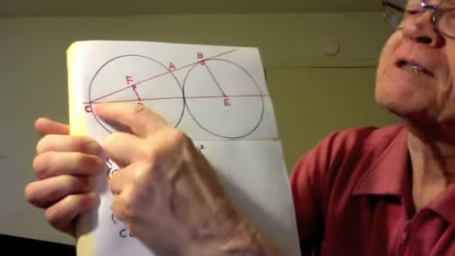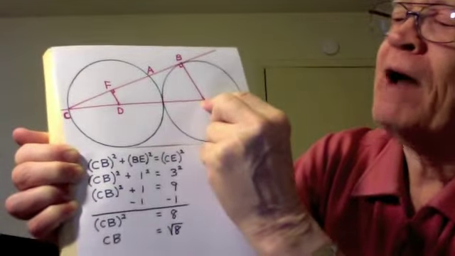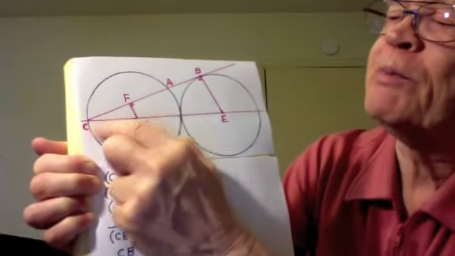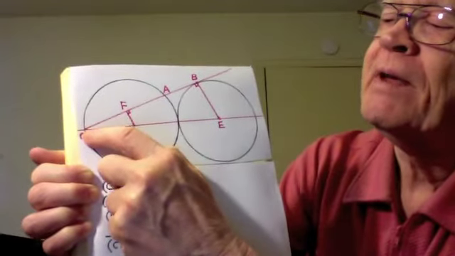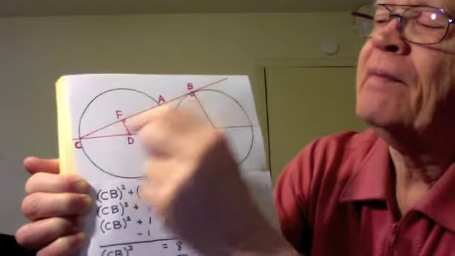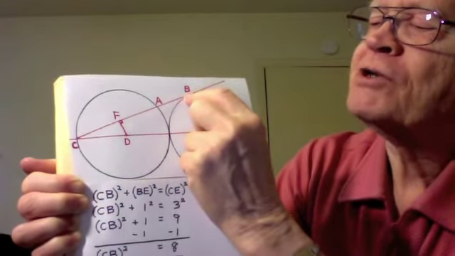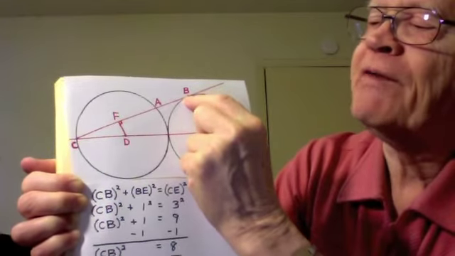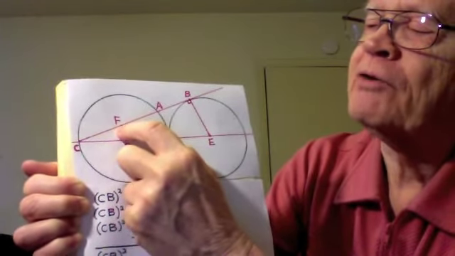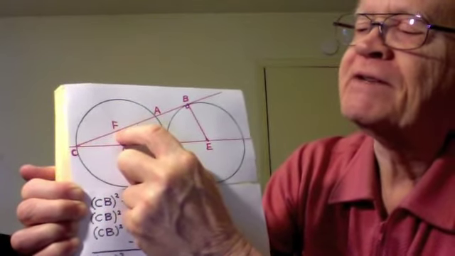Well, its hypotenuse is 1 compared with the hypotenuse of the larger right triangle, 3, so that's 1/3, so the proportion is 1 to 3. So that proportion must also hold for this leg. And since this leg of the larger triangle is the square root of 8, the leg CF of the smaller triangle must be 1/3 the square root of 8.